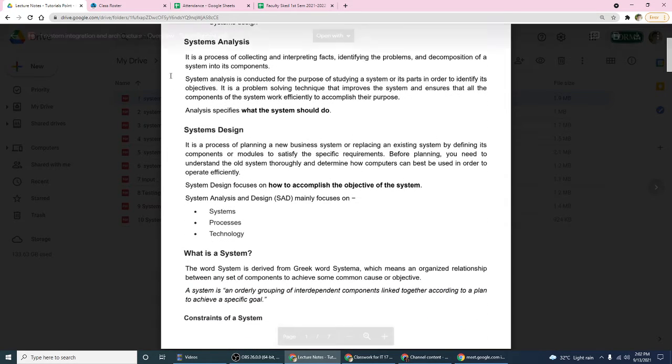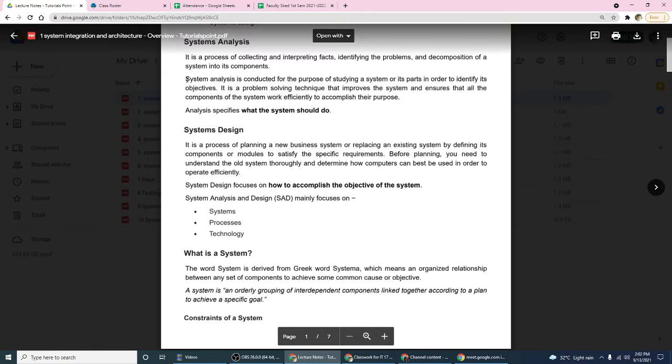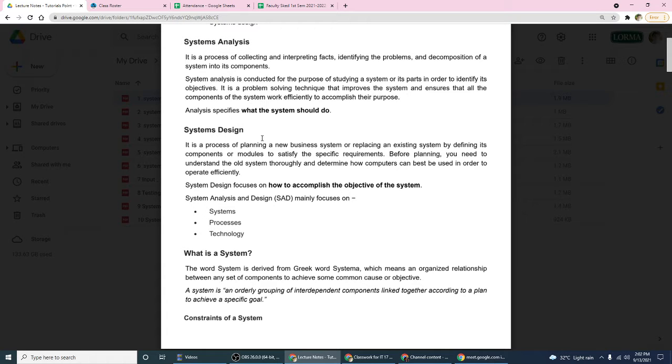And then we have the system design. After the analysis, here comes the design. It is a process of planning a new business system or replacing an existing system by defining its components or modules to satisfy the specific requirements.